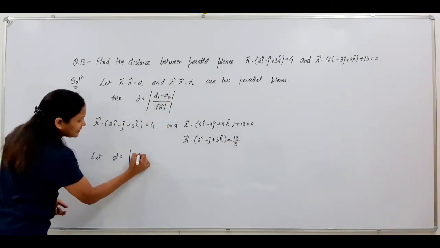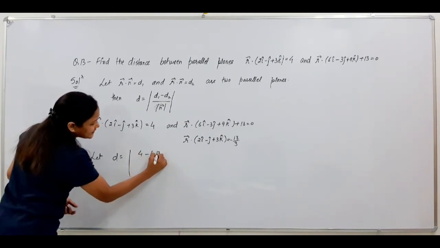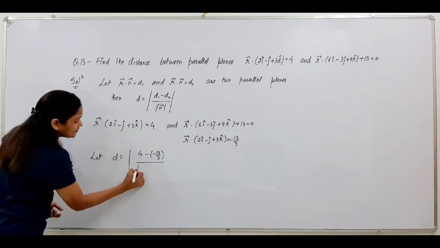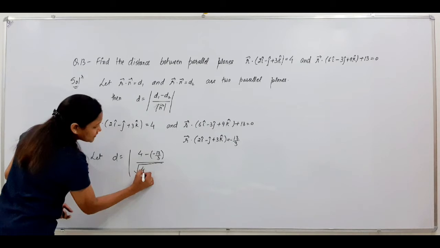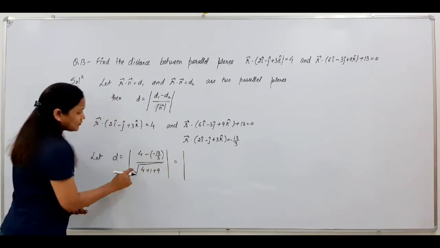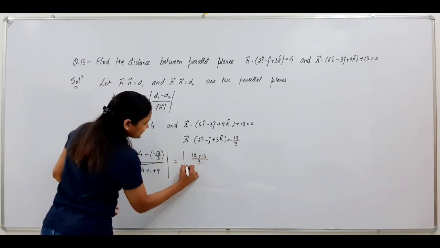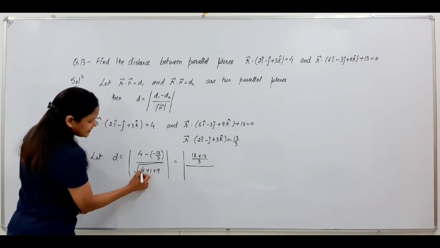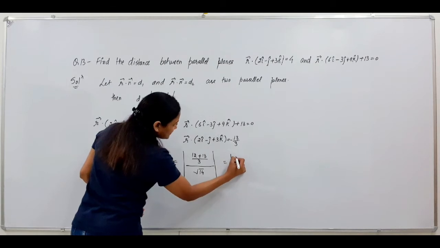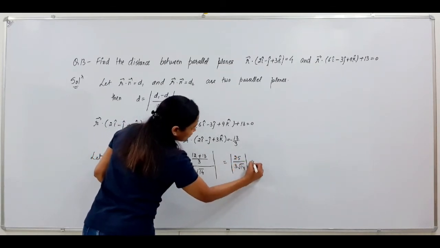So we can write it as 4 minus 13/3 upon magnitude of this, and magnitude of this vector is 2 2s are 4 plus 1 plus 3 3s are 9, and this will be equal to 4 3s are 12 plus 13 upon 3 whole upon root 14. So your answer is 25 upon 3 root 14 units.